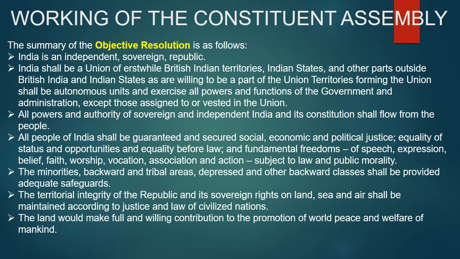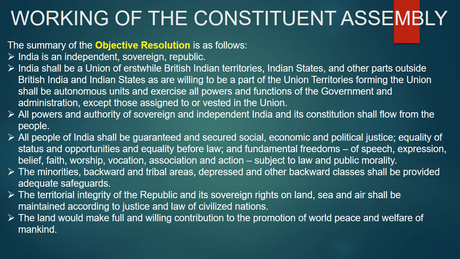So it opens the scope of getting other territories also which are not a part of British India. So it expressed that way. All powers and authority of sovereign and independent India and its constitution shall flow from the people. So that is, all the power will be with the people of India.